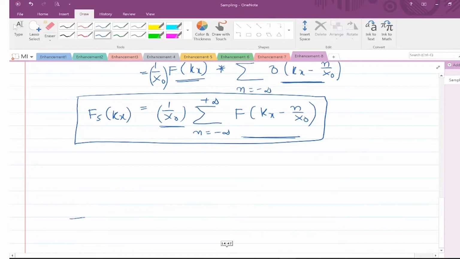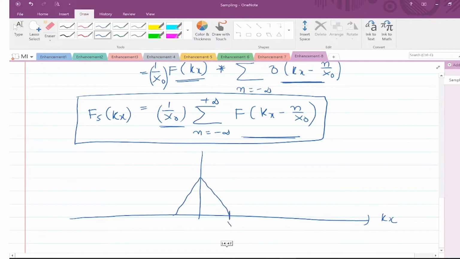So let's try to draw the same here. This is your kx. First, anyway, n equal to 0, for example, you have a copy. We assumed that this has value from plus xl to minus xl here. Earlier we assumed magnitude is 1. Now that's getting multiplied by 1 by x naught, right? This is 0. And then the next copy, for instance, is placed when n equal to 1, at 1 by x naught.